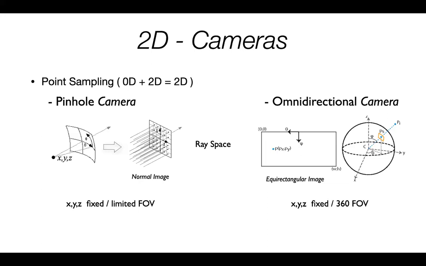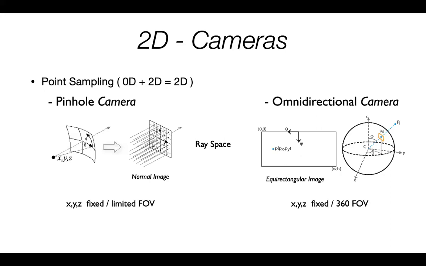The pinhole camera captures rays in a very constrained manner, right? It's a box with a hole and a sensor. The hole is a point, so it has topological dimension 0, and the sensor is a region of a plane, so it has topological dimension 2.